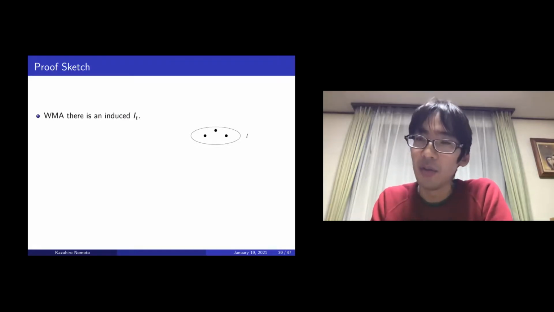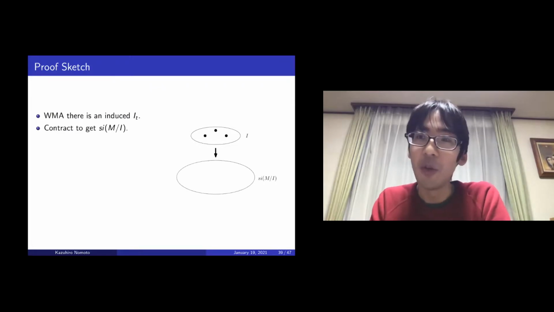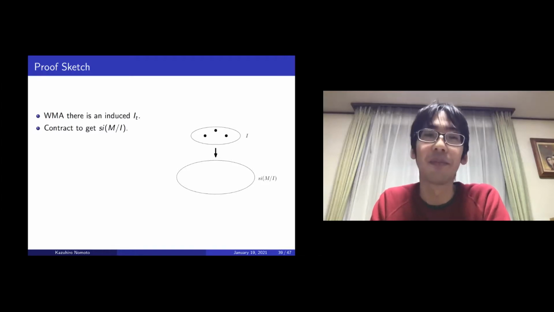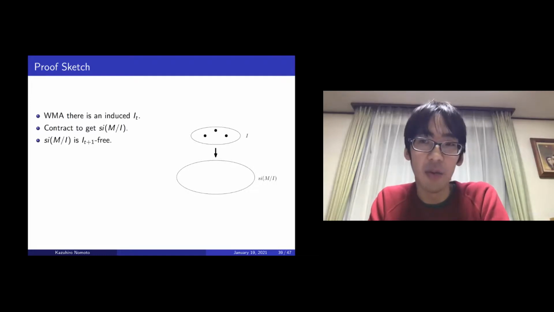So I'm going to assume that there's an induced I3 or claw, because otherwise you're done by induction. This is a very nice proof because what you end up doing, you just contract it. So you do M contract I, and you have to take the simplification. It's certainly the case that the simplification of the contraction is I4 free.